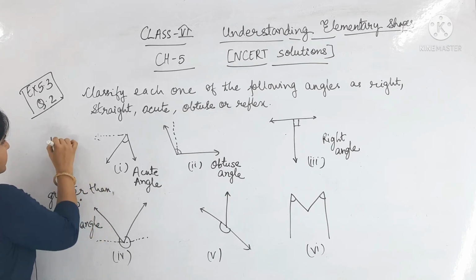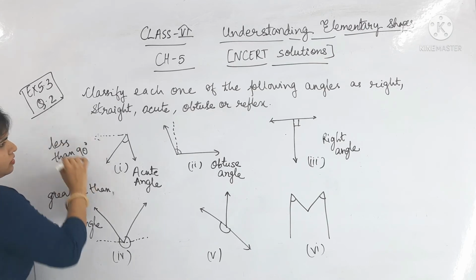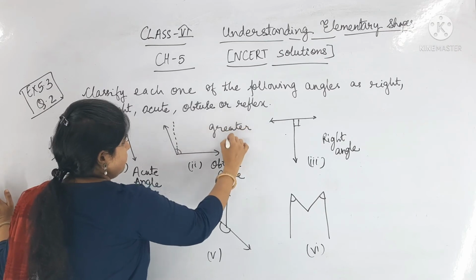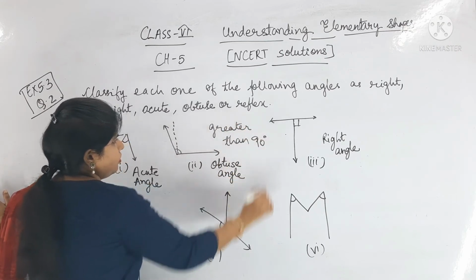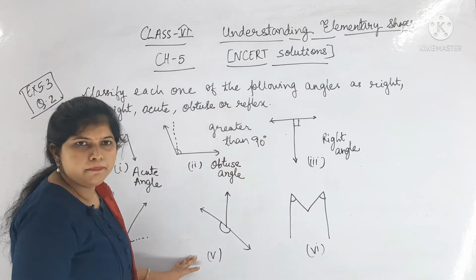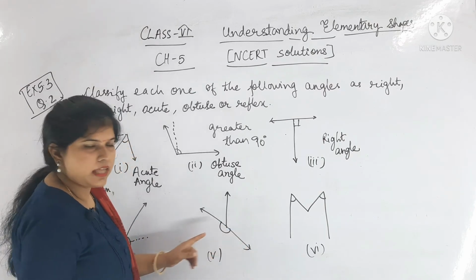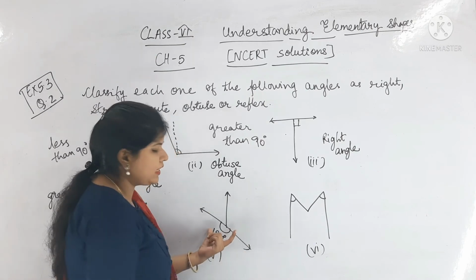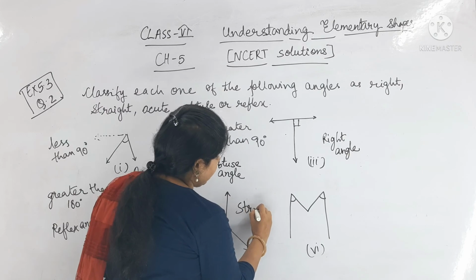This is less than 90 degree, this is greater than 90 degree. Now you can see the 5th part, here it is a straight line and this is the angle, so that is 180 degree. The angle on a straight line is known as a straight angle.